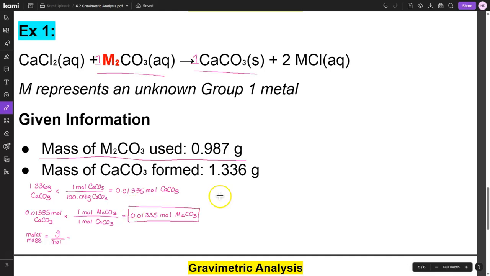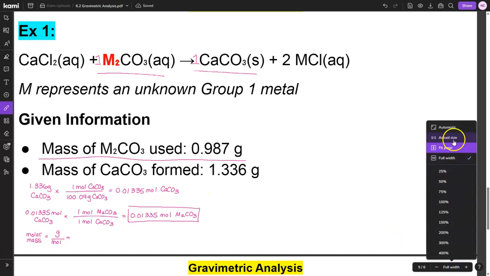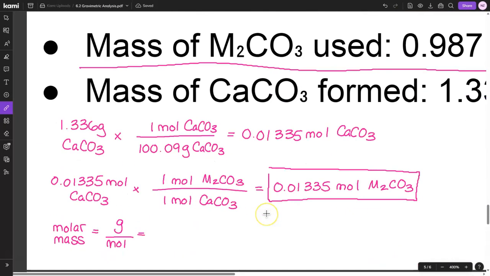So we're just going to do the mass over the moles. The mass was 0.987, and our moles was 0.01335. When I plug this into my calculator, I get 73.9 grams per mole.